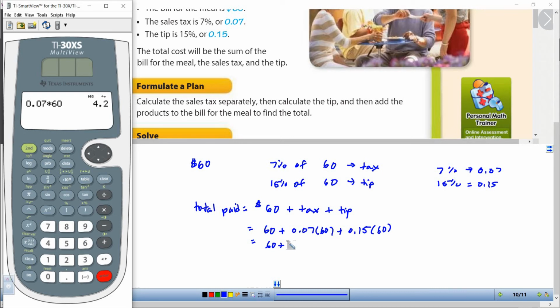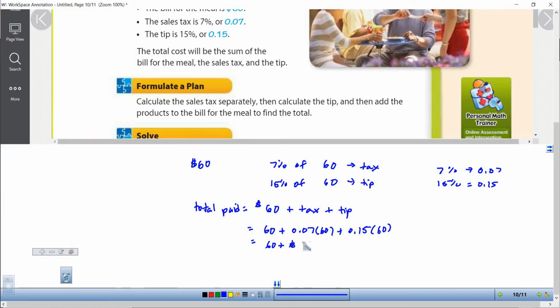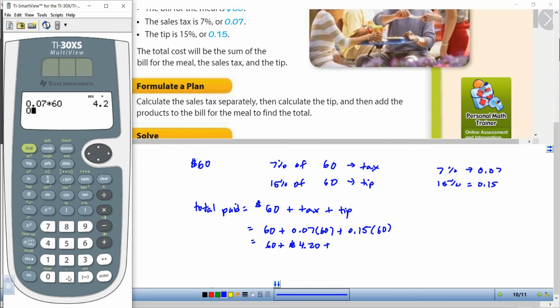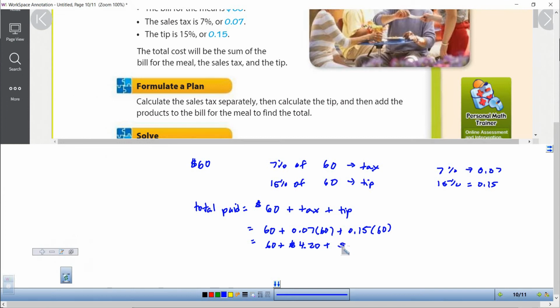So the tax is 4.2, but remember this is money, right? So that would be $4.20. All right, so that's the tax. And the tip, 0.15 times 60 is going to be $9, because remember this is money, $9.